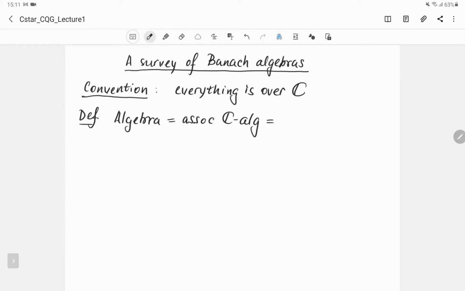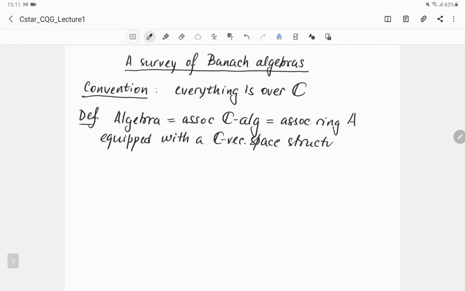That is, an associative ring A equipped with a vector space structure such that the multiplication on our algebra is bilinear over the complex numbers.